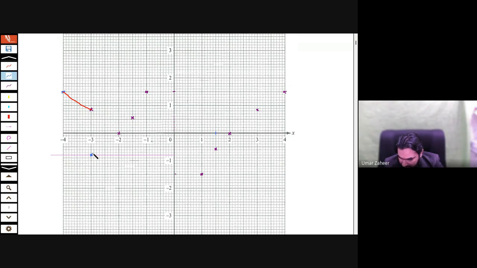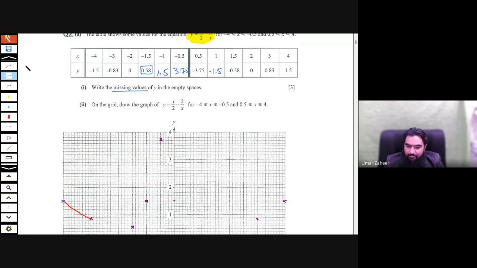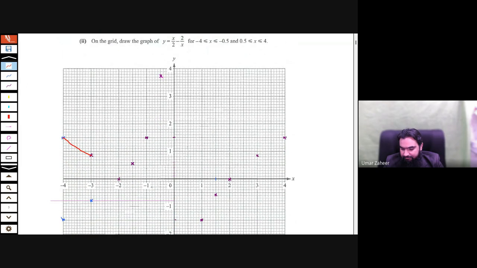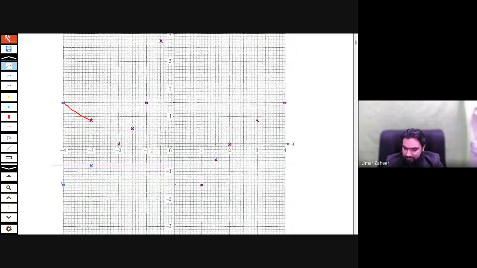Minus 0.83. We have done the wrong plotting of these 2 points, okay? It is minus 1.5 and minus 0.83. Clear? Now meet them. This is the wrong plotting.